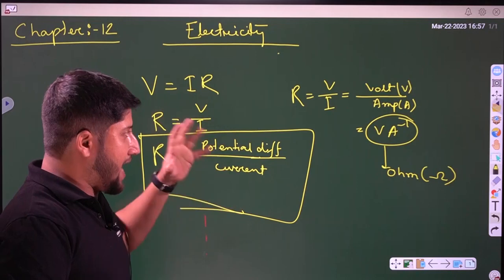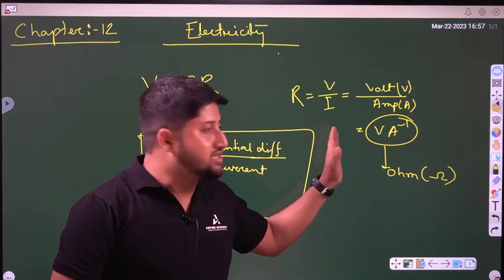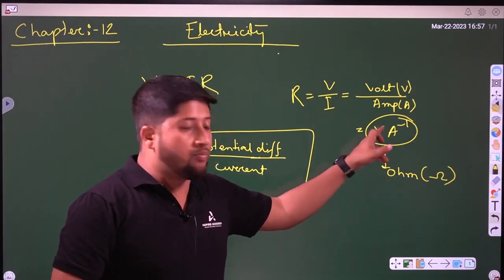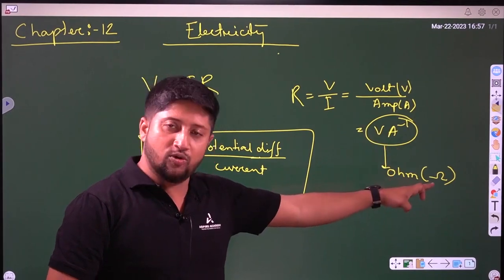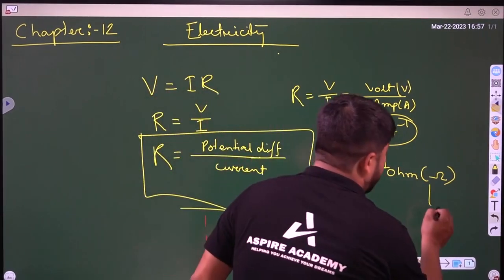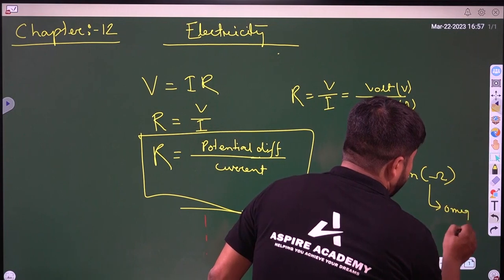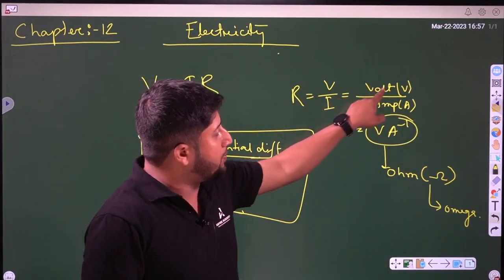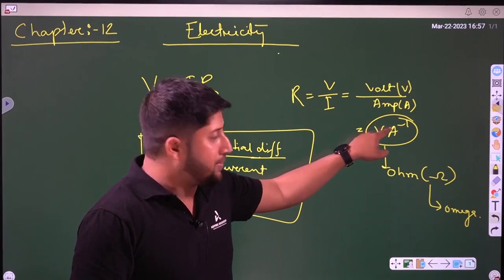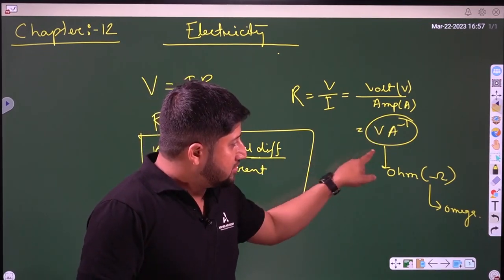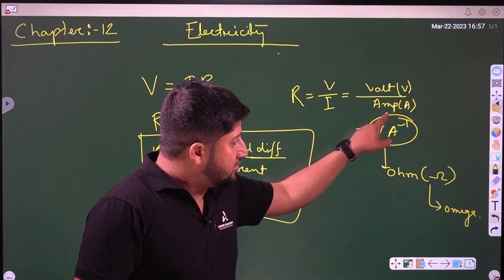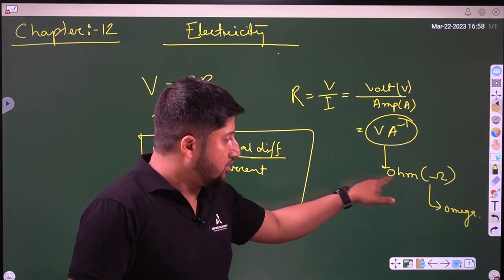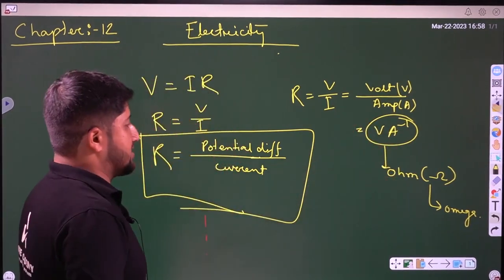So the SI unit of resistance is ohm or volt per ampere. Basically we are using ohm for resistance, and this symbol is called omega. So R is equal to V by I, volt per ampere, is an alternative unit of resistance, and ohm is the SI unit of resistance.